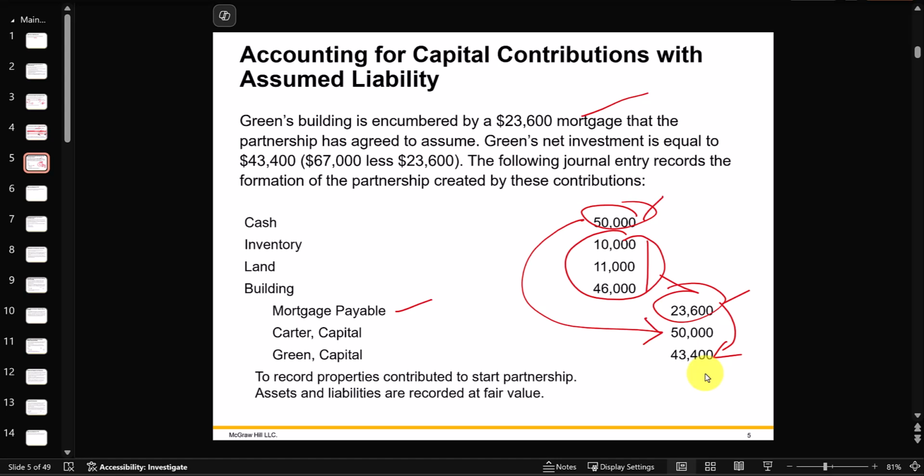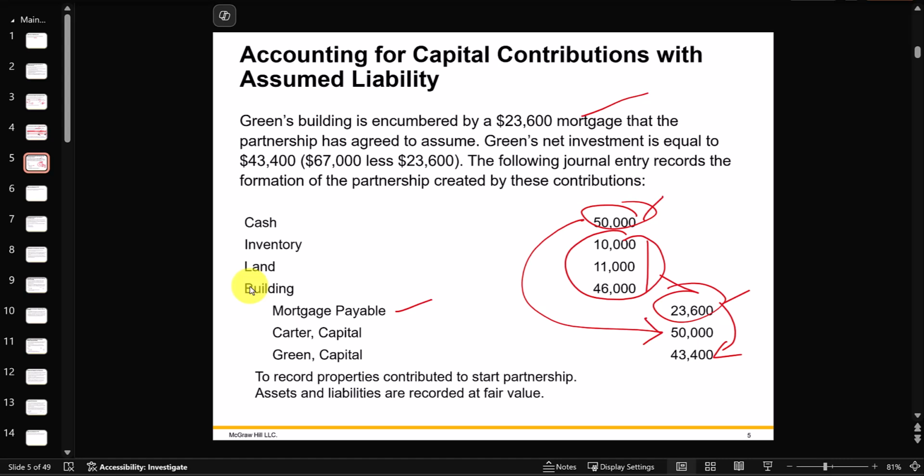Now, if I were Green and I don't want to give up my authority over the building, what I would do instead, see this land and building, maybe I would keep that building but rent it out to the partnership. As a partner, you can be acting with the partnership in different capacities.